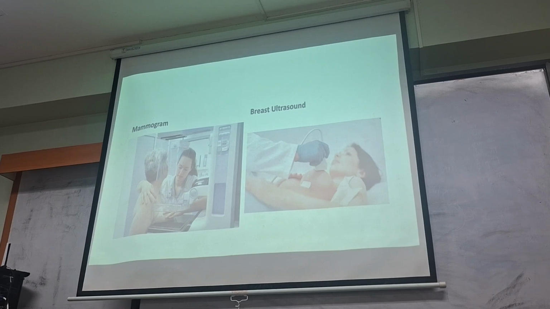And then when you come to a point wherein you need imaging, then that is when you can proceed with the two most common ones, which are going to be the mammogram and the breast ultrasound. So they are going to be called screening if the procedure is done just on a routine basis. Like, let's say, for example, a 25-year-old female with a strong family history of breast cancer.